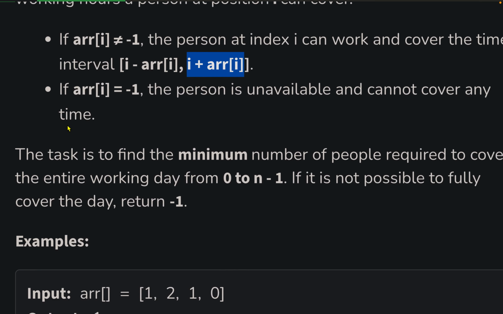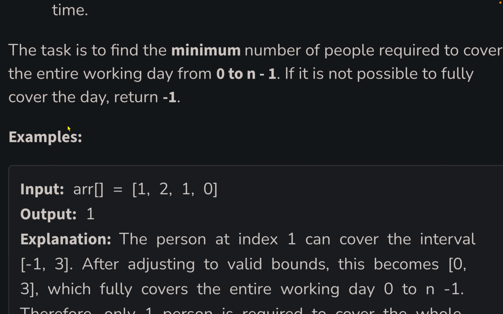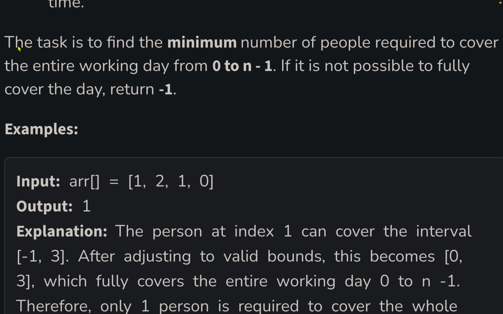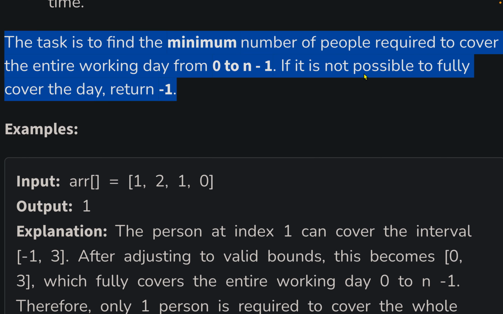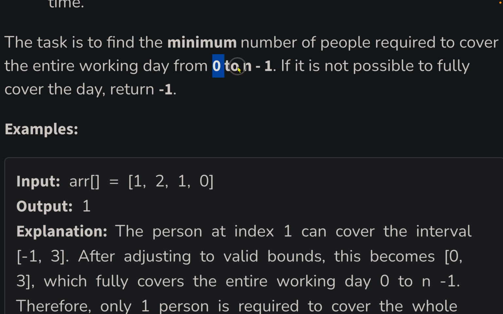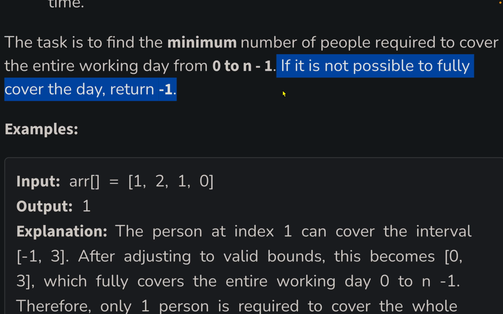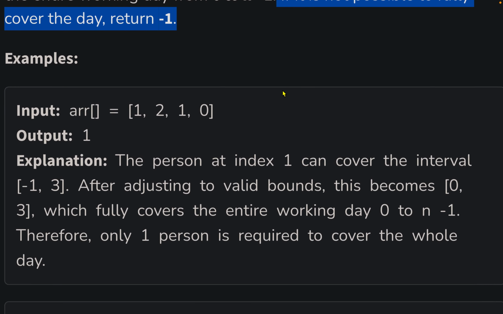Now let's see what we are asked. The task is to find the minimum number of people required to cover the entire working day from 0 to n minus 1. If it is not possible to fully cover the day, return -1. Nice.